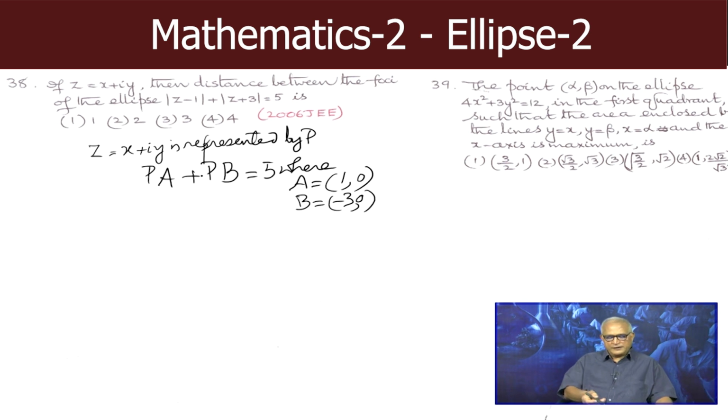Well, the locus of P is an ellipse clearly with A and B as its foci, and this is the length of the major axis. So, 2A equal to 5.